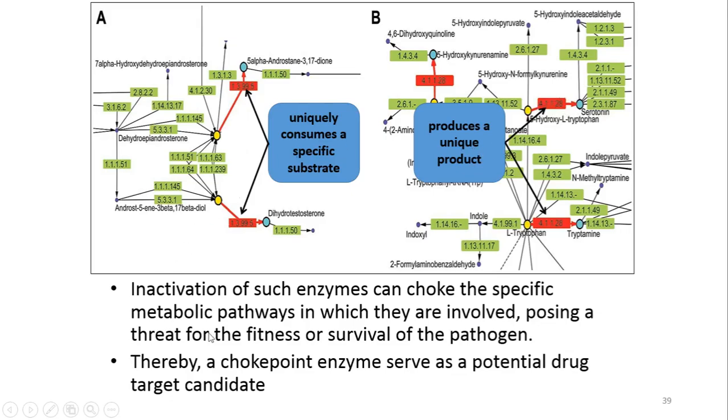Okay, therefore, inactivation of such enzyme can choke a specific metabolic pathway in which they are involved, and that would pose a threat for fitness or survival of that pathogen. Therefore, a choke point enzyme serves as a very good potential drug target candidate.